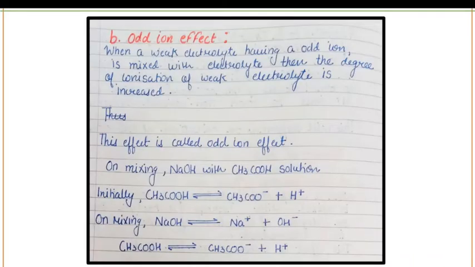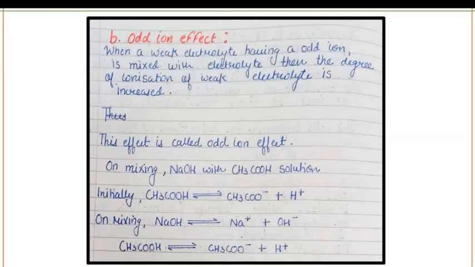While in the case of the odd ion effect, when a weak electrolyte is mixed with an electrolyte having an odd ion, then the degree of ionization of the weak electrolyte increases, and this effect is known as the odd ion effect. You have two different kinds of compounds that you have to mix in the case of the odd ion effect. For example, we have NaOH and CH3COOH.